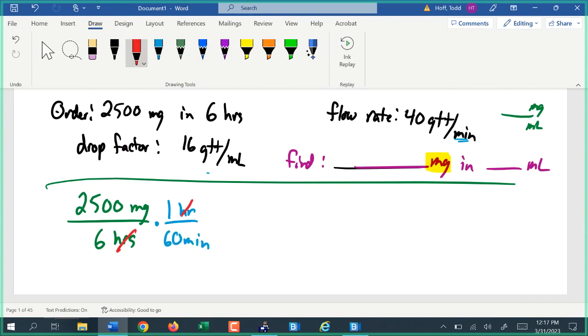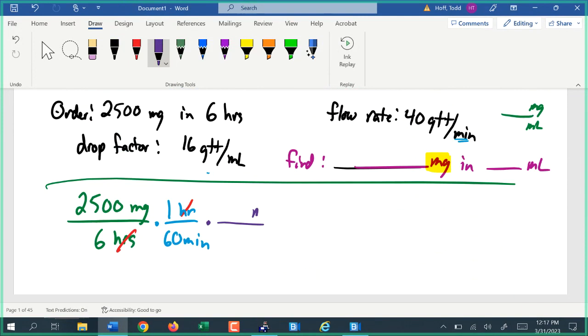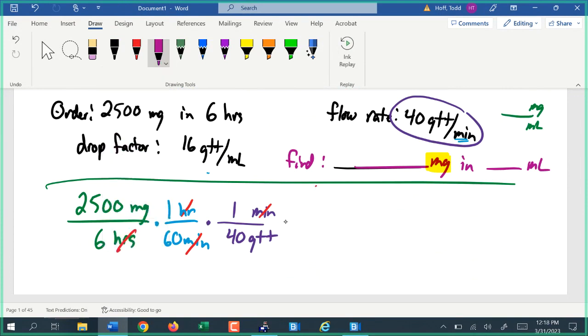The hours are gone. Now we need to get rid of the minutes. Putting minutes on top, we have 40 drops per minute. So 1 minute is equivalent to 40 drops. That's from our flow rate. The minutes cancel out. And then we need to finally get rid of drops.